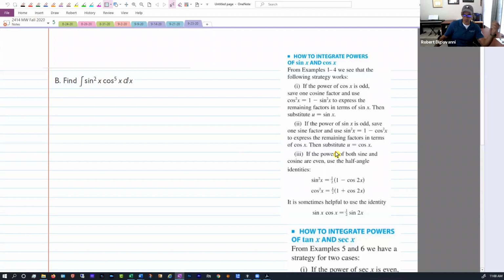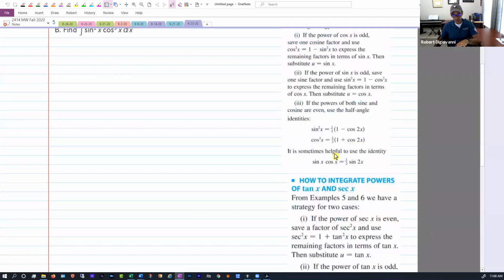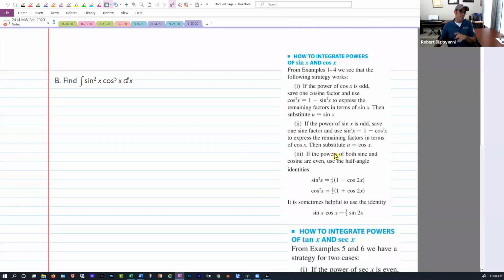I mean, sometimes it's something else. So when we see a trig integral, we want to try going to these notes, but let's not think that everything can be done with this. If that were the case, I would tell you that right off the bat: if you see a trig integral, just follow these steps and you'll be good. But you'll see when we get to some other examples, things get weird as expected.